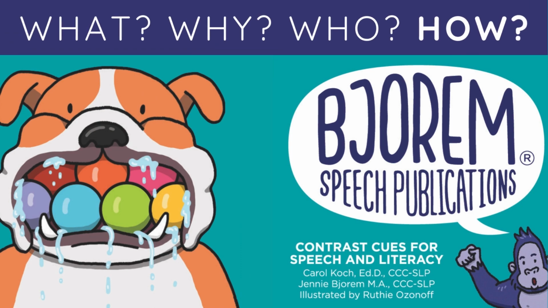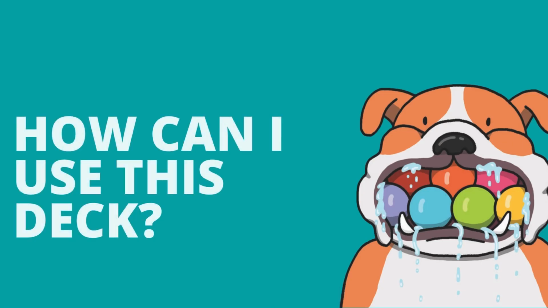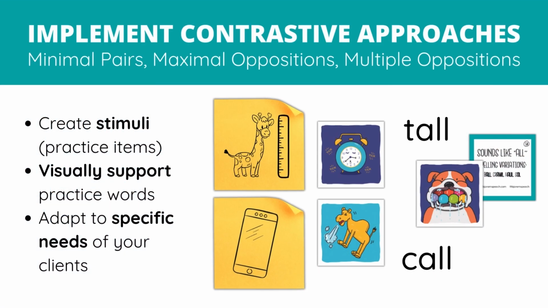Let's take a look at how to use this deck to implement those evidence-based contrastive approaches and support phonemic awareness. These cues will help you effectively implement contrastive phonological approaches. You may recognize some of these, like minimal pairs, maximal oppositions, and multiple oppositions. The beauty of this deck is that you can make whatever individualized targets your client needs.